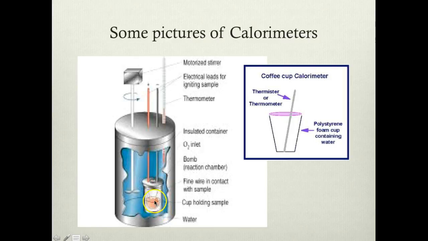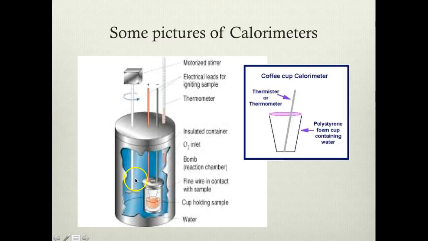Now, here in this closed insulated chamber would be something like any kind of food stuff. All right. It could be anything. It could be a carbohydrate, a protein, chips, you name it. In order to find out the calorie content of that food, what they will do is burn it inside here. Now, the heat that is released from that burning, the evolved heat, is then going to be distributed into the surrounding water as well as the wall of the calorimeter.